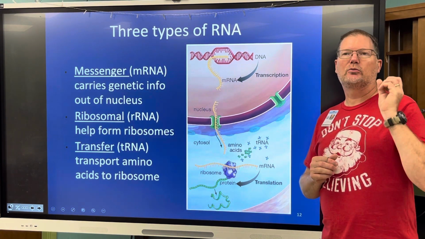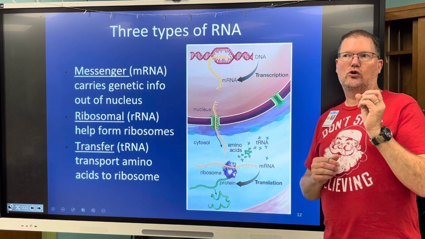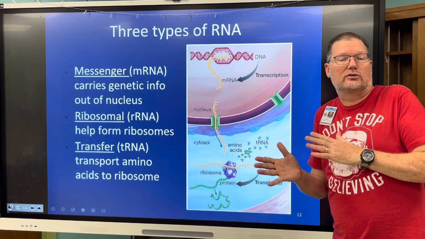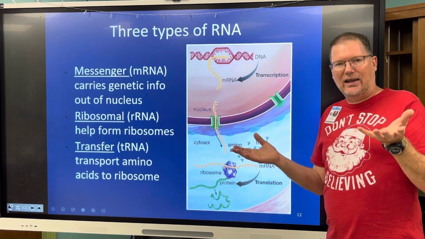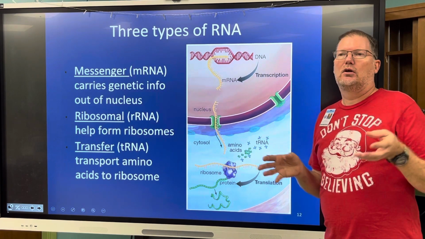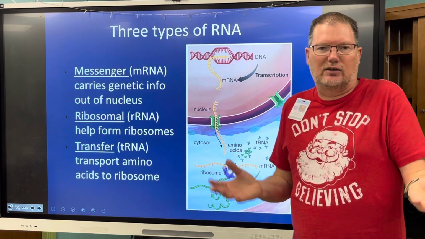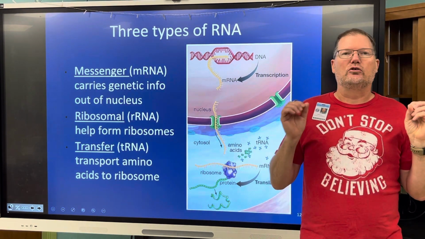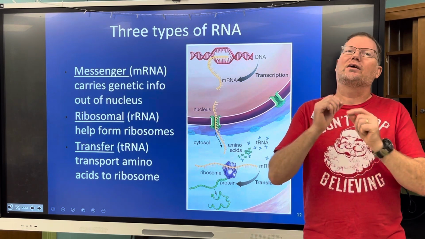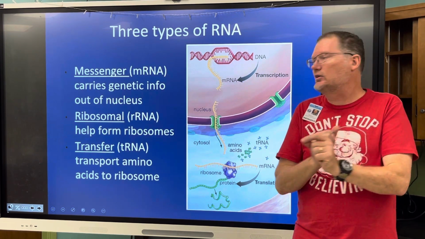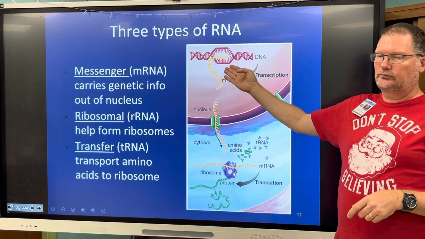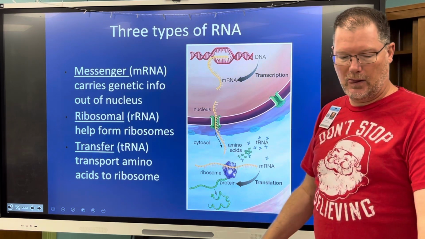We learned that ribosomes make proteins, but they can't do it by themselves. They have to have directions. Otherwise, they'd make everything random, and organisms would not exist properly. You need to make the right proteins. So what tells the ribosomes to make the right proteins is the DNA through this process.